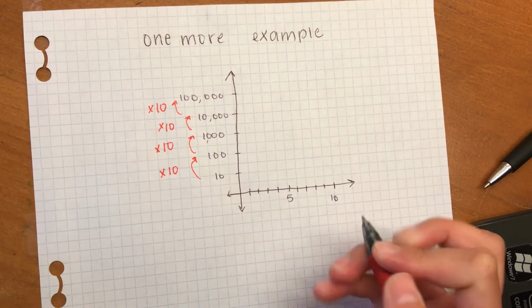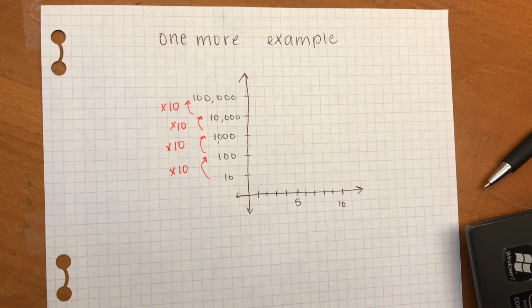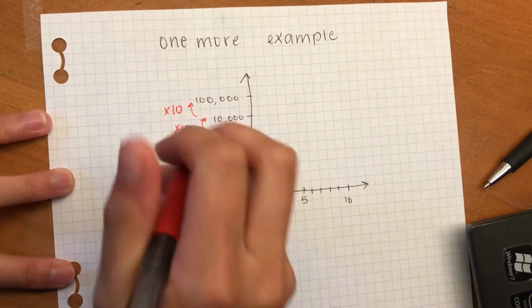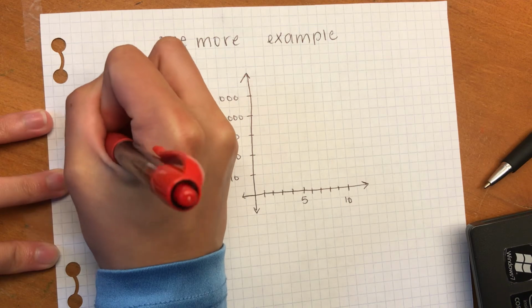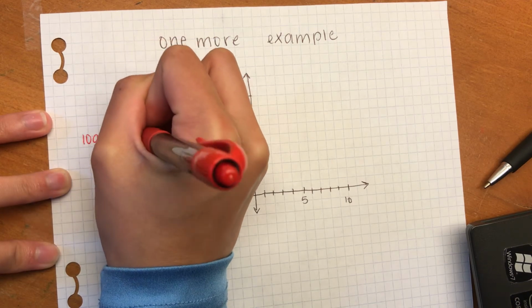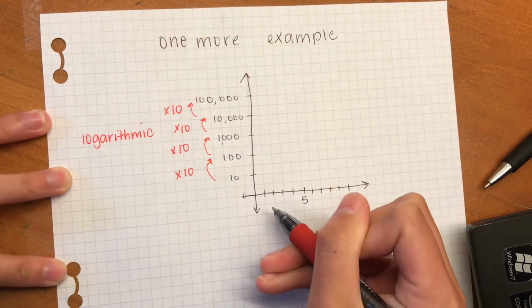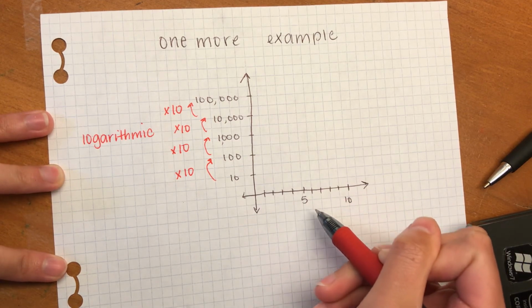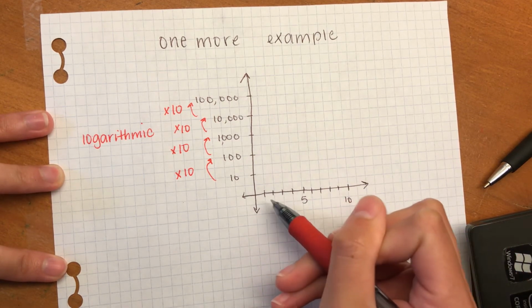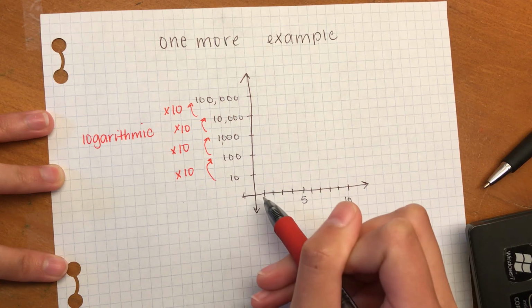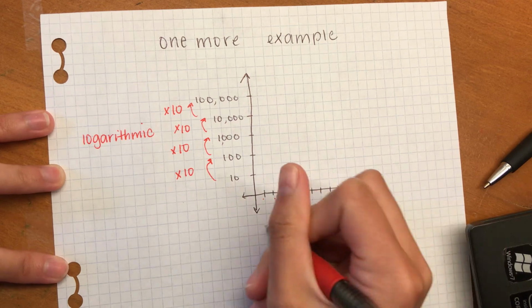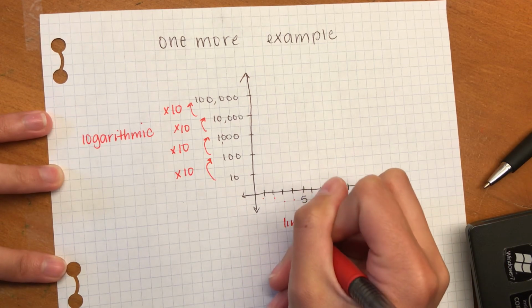So in your classwork, I'm going to ask you, is the vertical axis linear or logarithmic? And you're going to say this is logarithmic. On the horizontal axis, each number is increasing by 5, but each mark is increasing by 1. Either way you justify it, this is still linear.